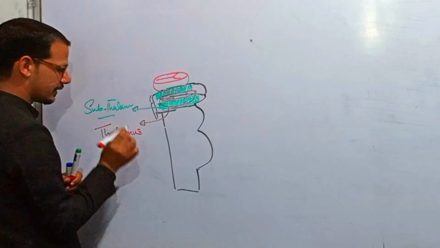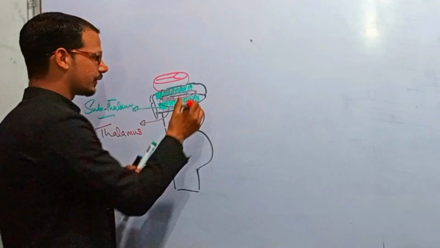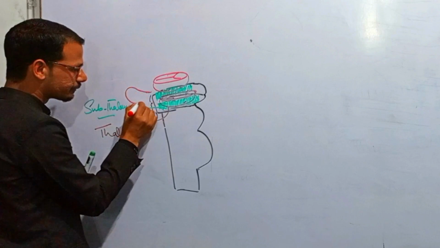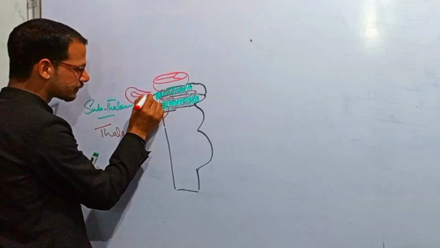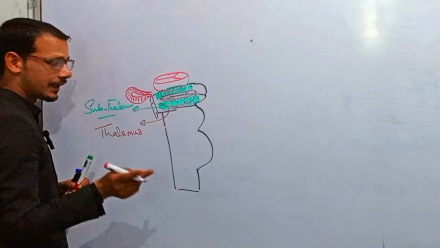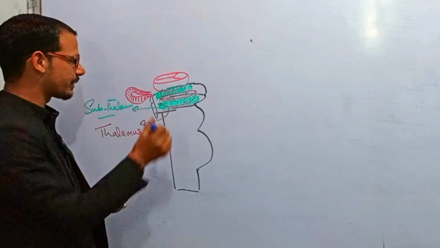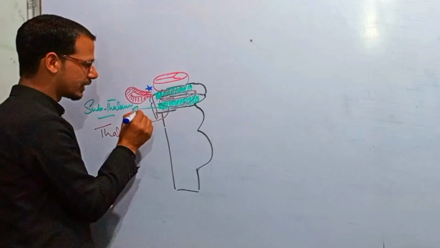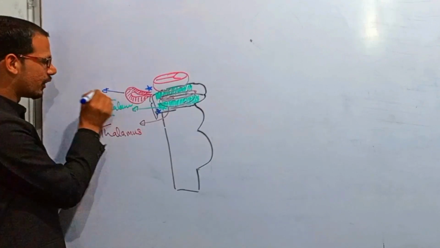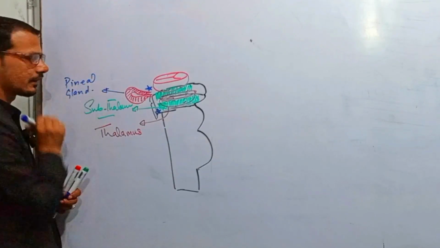Differentiate these parts. Here, for example, we have the pineal gland. On either side of the pineal gland, special nuclei are present. This is one nucleus and this is the other nucleus. This is called pineal body or pineal gland.